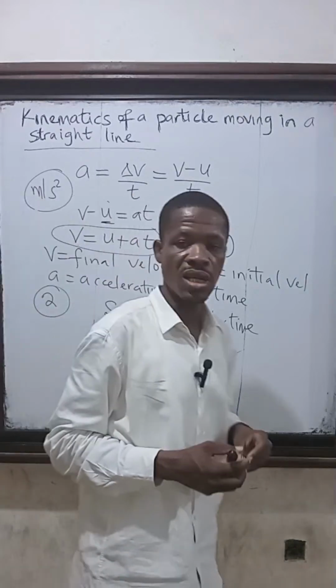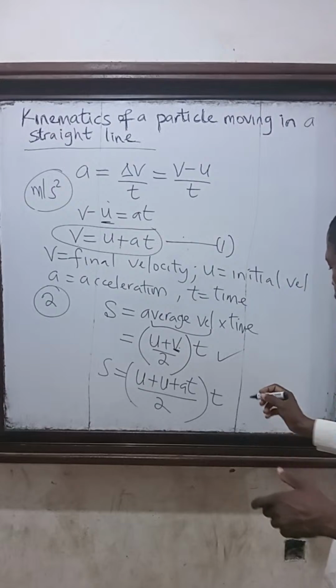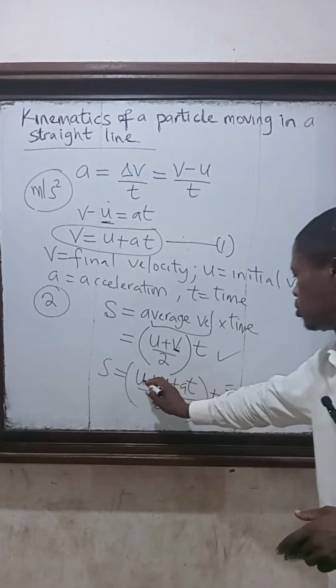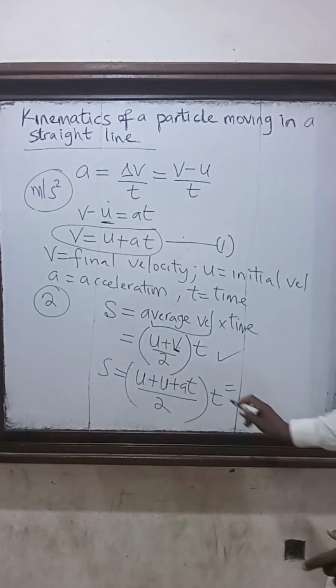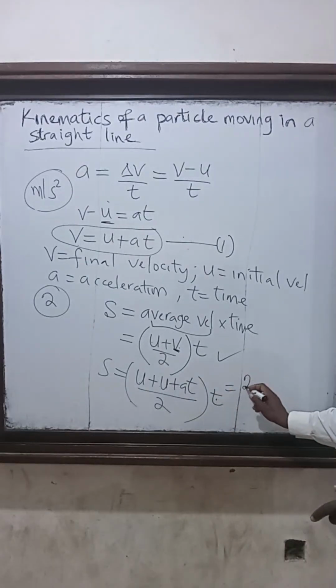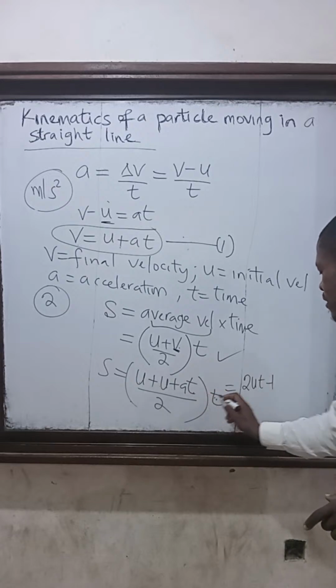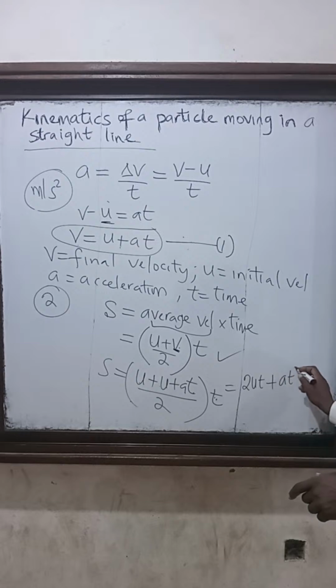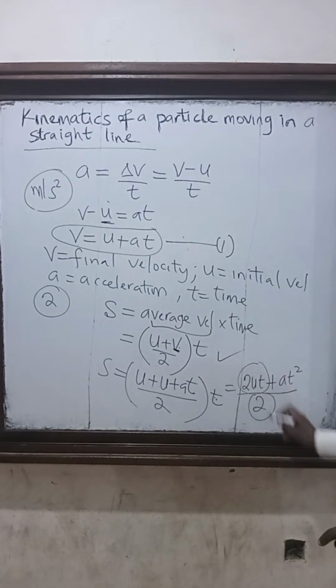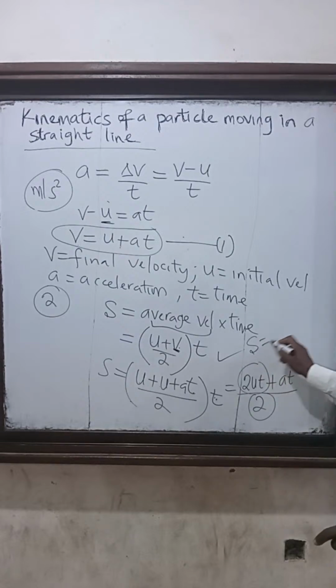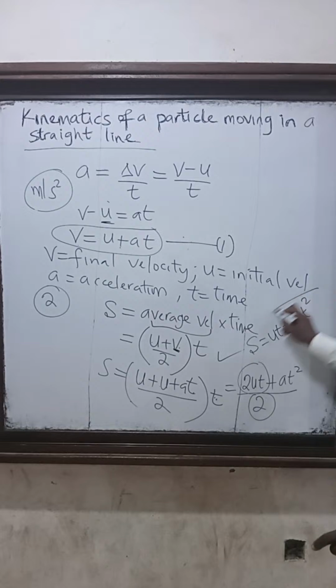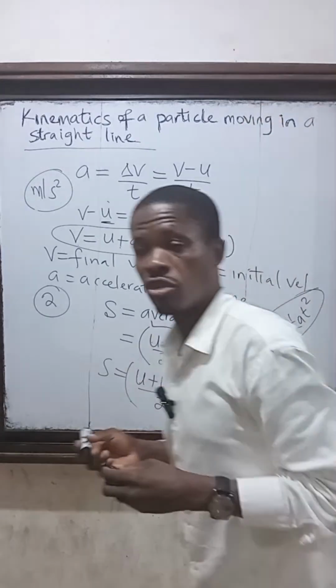If you do that, we have u plus u, that's 2u, times t, that's 2ut plus at times t, that's at squared, over 2. Then do the algebra, which implies dividing everything by 2, so we have x equal to ut plus half at squared. That gives us the third equation of motion.